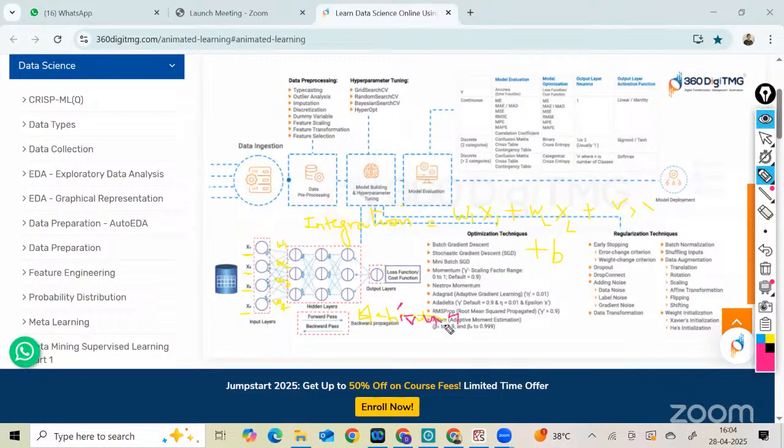Stochastic gradient descent will update the weight for one point at a time. Likewise, mini batch gradient descent balances these two, batch and stochastic gradient descent. It takes sets of data that we send into the neural network.